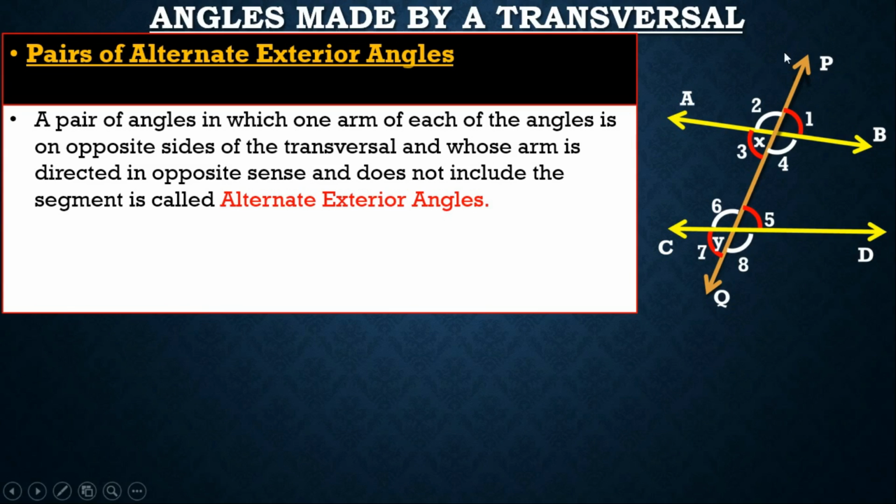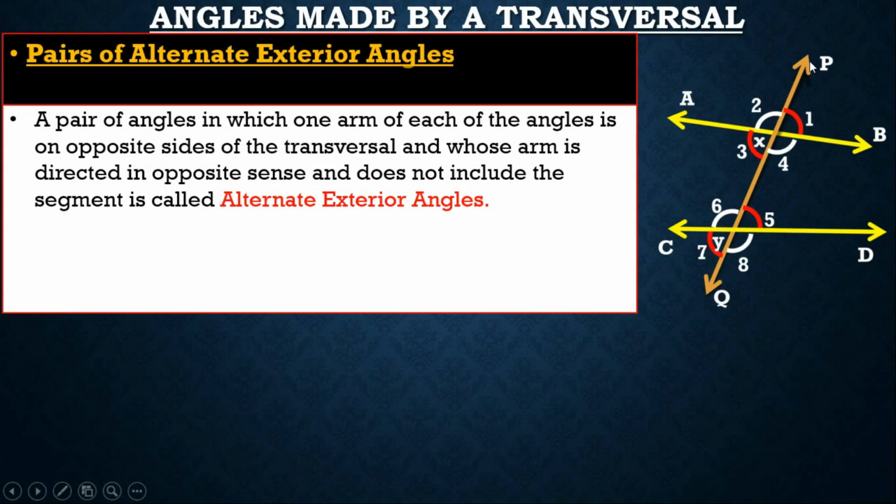Now in this figure, angle PXA and angle DYQ have two arms each. Angle PXA has arm XA and arm XP, and angle QYD has arms YQ and YD. A pair of angles in which one arm of each of the angles is on the opposite side.